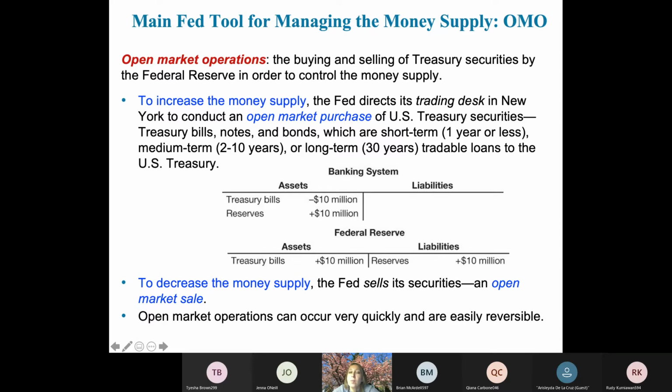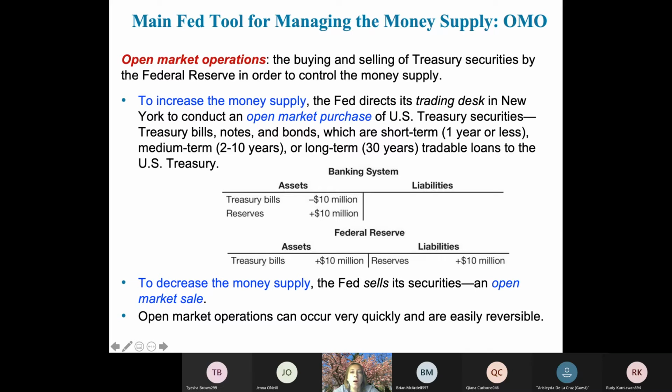And when the Fed makes a trade, when they're buying, they increase the money supply. The Fed directs its trading desk in New York to conduct an open market purchase of U.S. Treasury securities. So bills, notes, and bonds, which are short-term, medium-term, or long-term, so up to 30-year bonds, tradable loans to the U.S. Treasury.